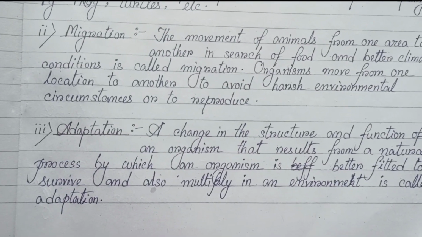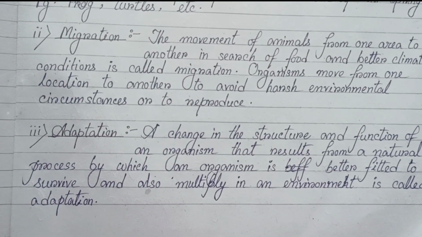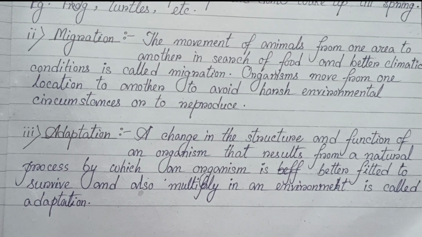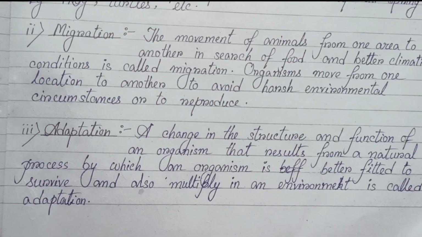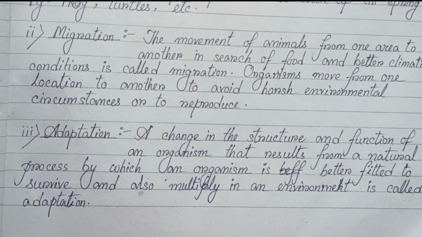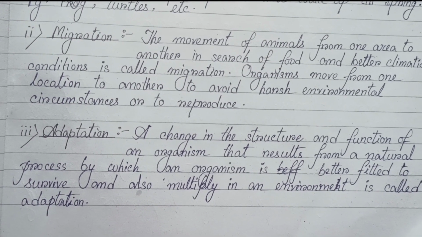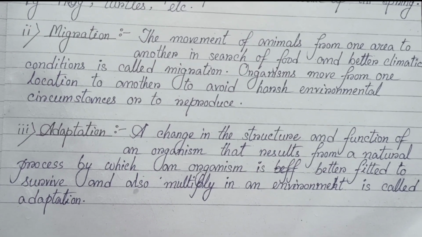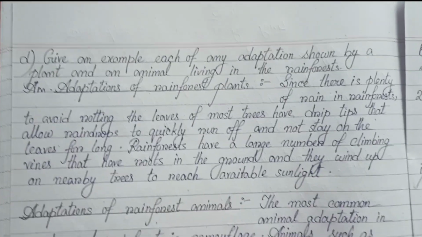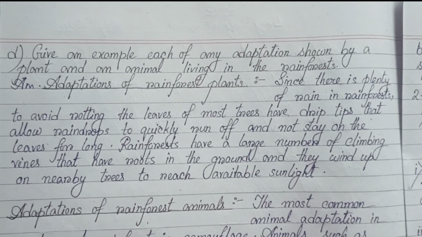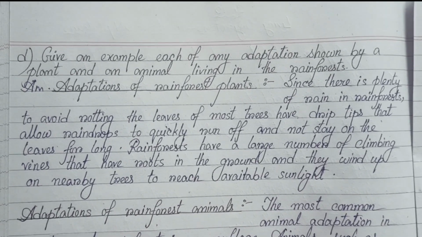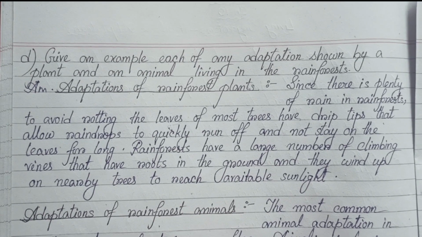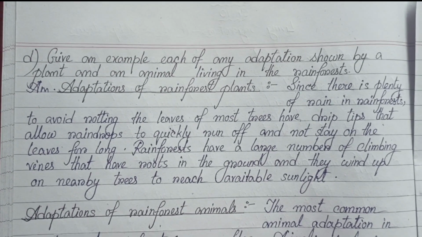Okay, next, number three, adaptation, a change in the structure and function of an organism that results from a natural process by which an organism is better fitted to survive and also multiply in an environment, is called adaptation. Number D, give an example each of any adaptation shown by a plant and an animal living in the rainforest.